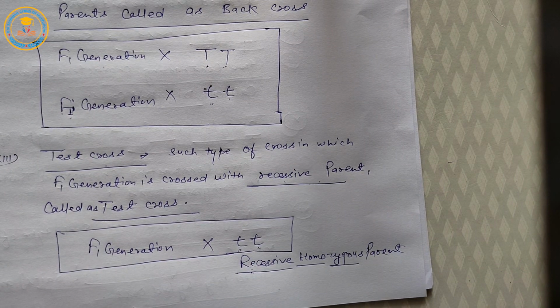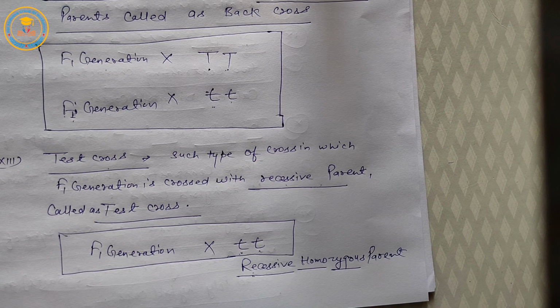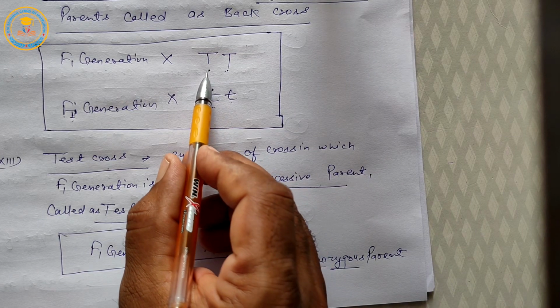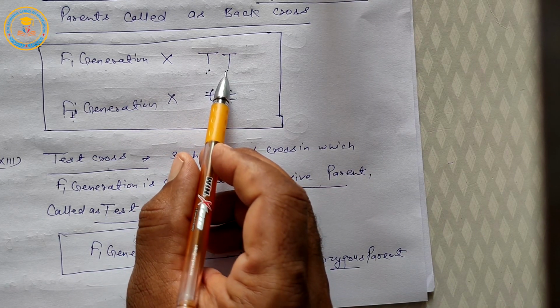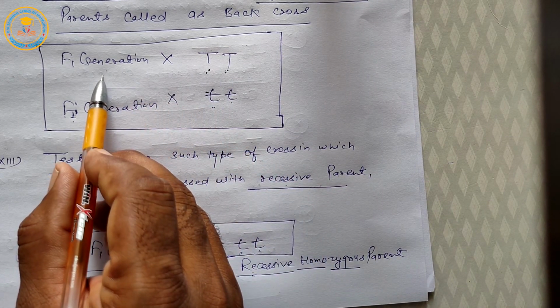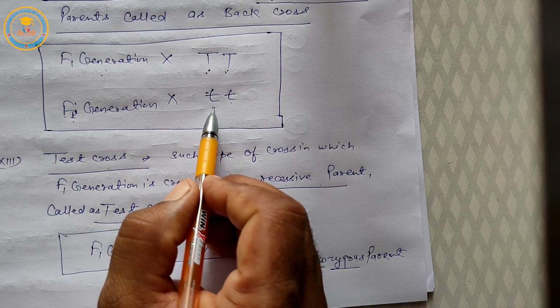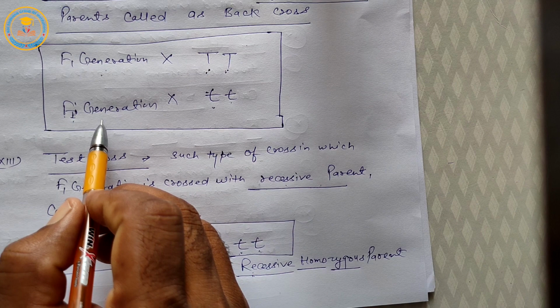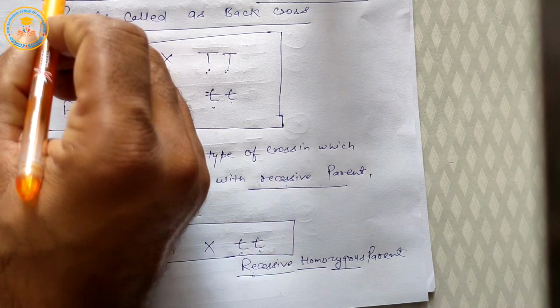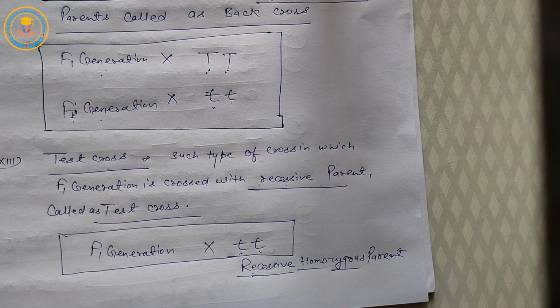Once again, backcross: if any one of the two parents, like the dominant homozygous parent or the recessive homozygous parent, is crossed with the F1 generation, it is called backcross.